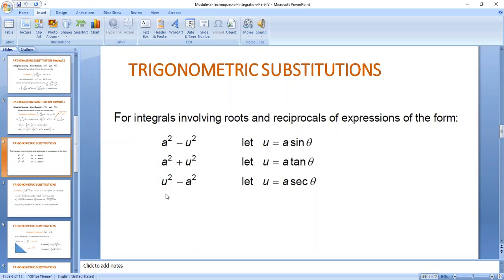Again, I will repeat, this will only be applicable to expressions which have this particular form. You have a constant, a real number, minus the square of a variable or a function. Here you interchange the manner of subtraction, and here you have addition.